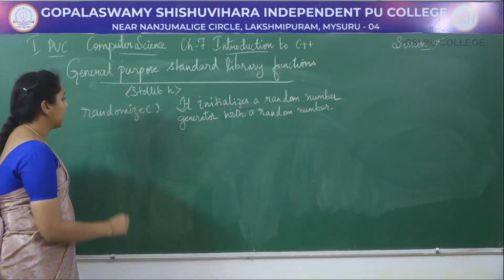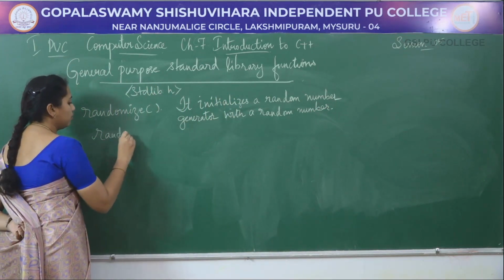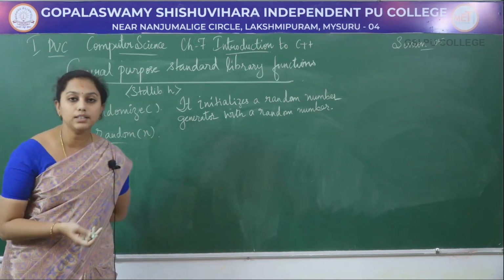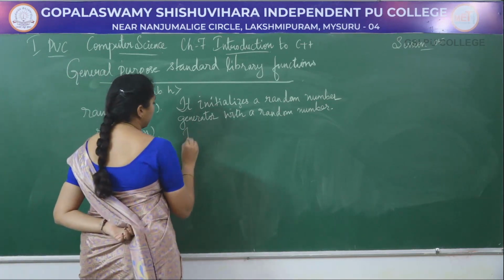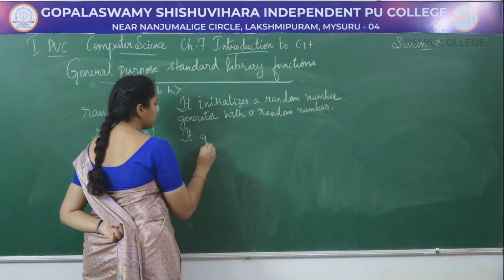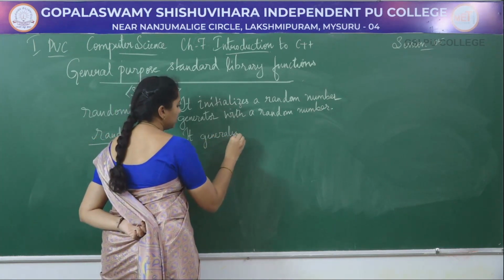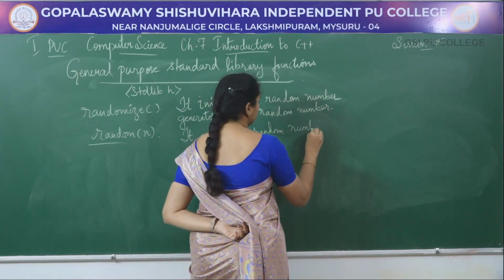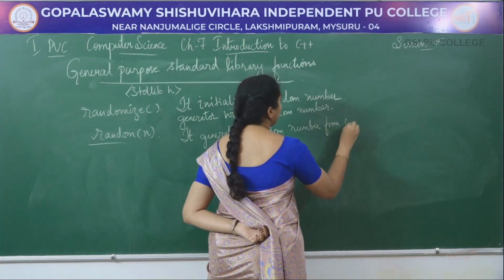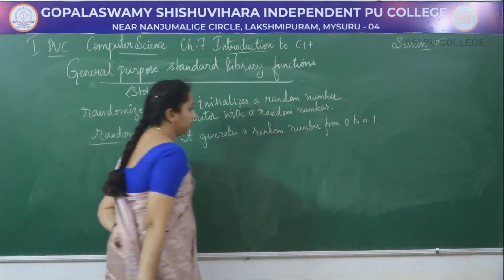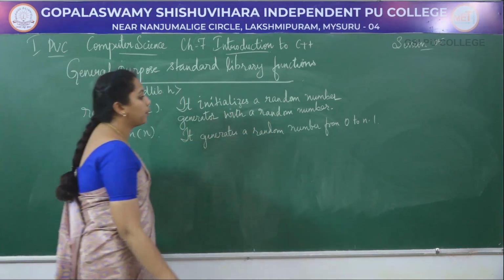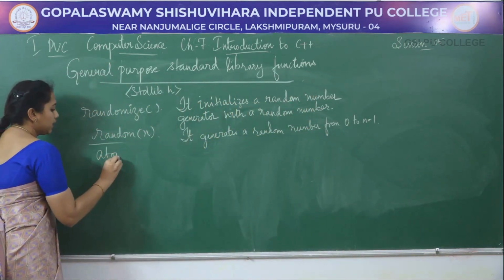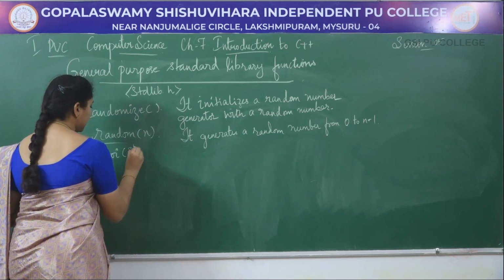Next function is random of n. This function is used to generate a random number from 0 to n-1. Next is atoi function.